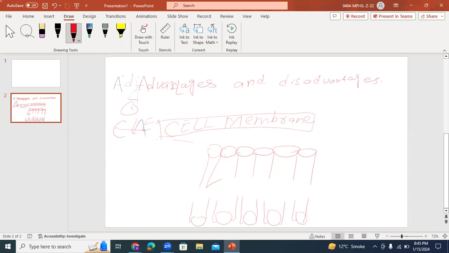We can also understand this structure when we study the next topic, where we will specifically discuss the phospholipid structure. So right now, it is what we call a semi-permeable membrane. Another term that we always use for this, I'm writing here: semi-permeable.